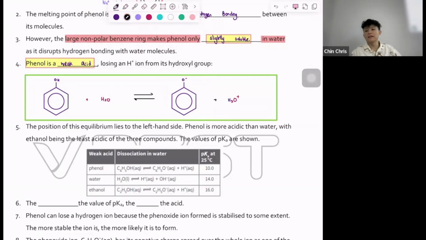So phenol can dissociate in water to produce an H plus ion. Once an H plus ion is produced, a phenoxide ion is formed. That's it.